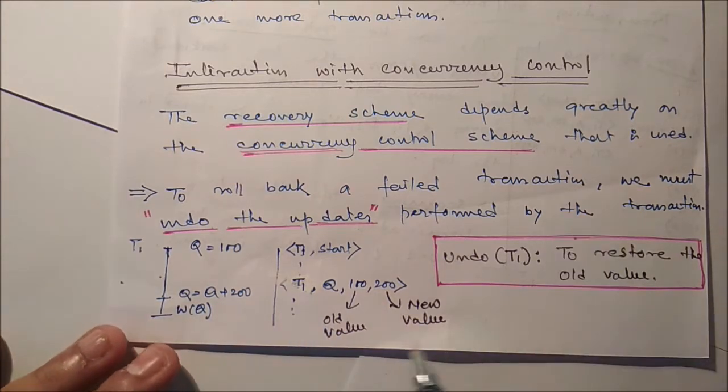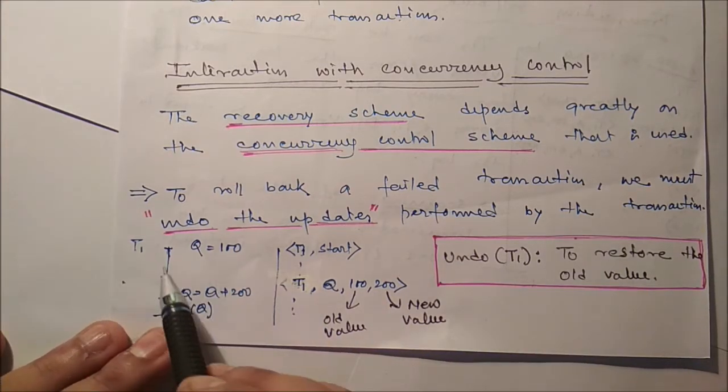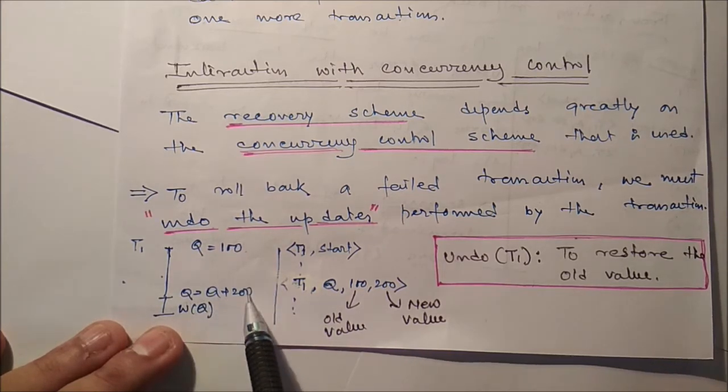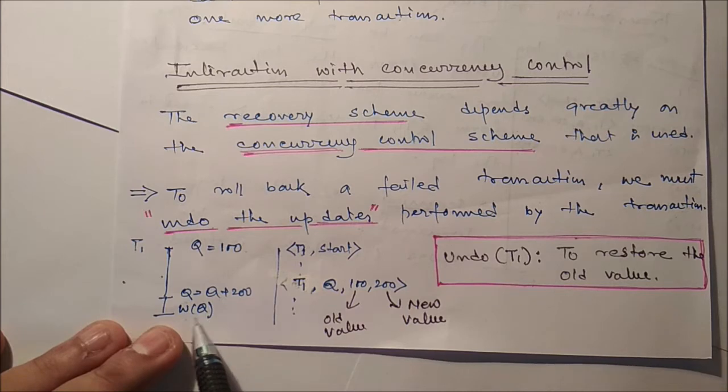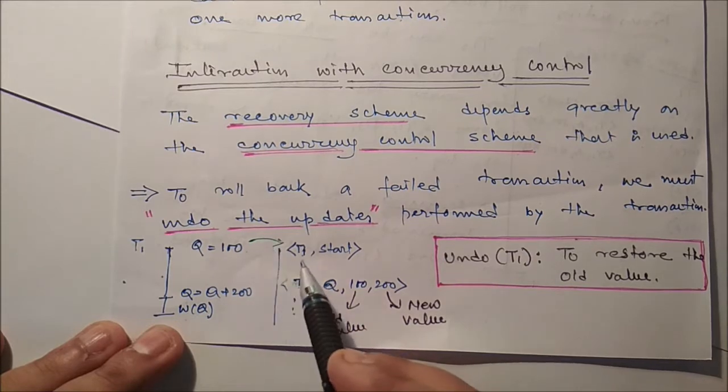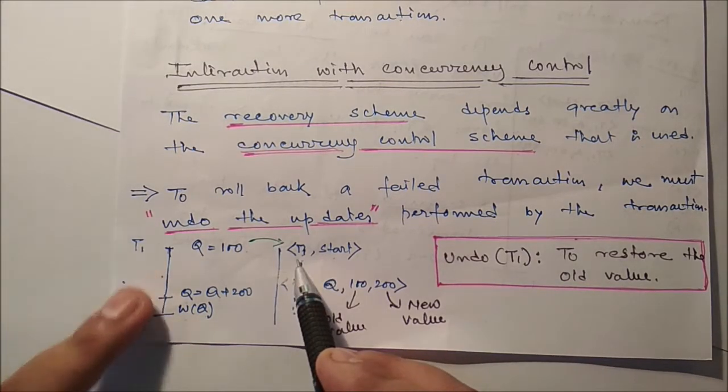Suppose one transaction is there, T1: Q is equal to 100, Q is equal to Q plus 200, and W(Q), write Q. Before the transaction we must keep this information: T1 start, where T1 is the name of the transaction.